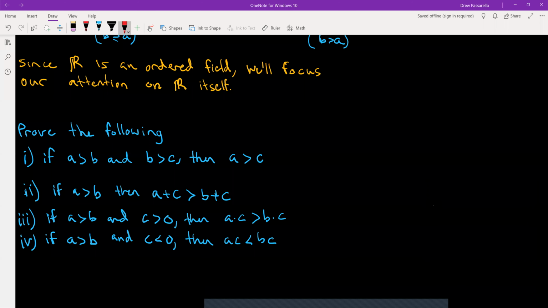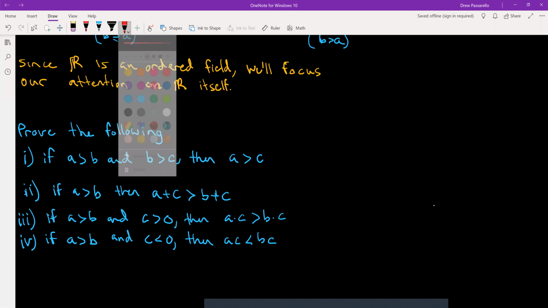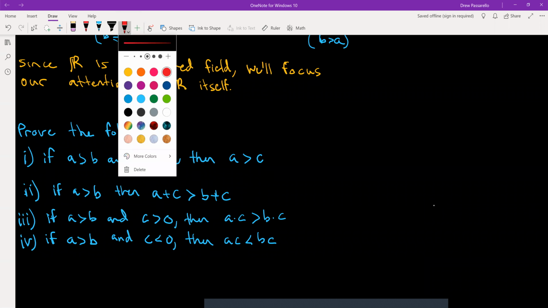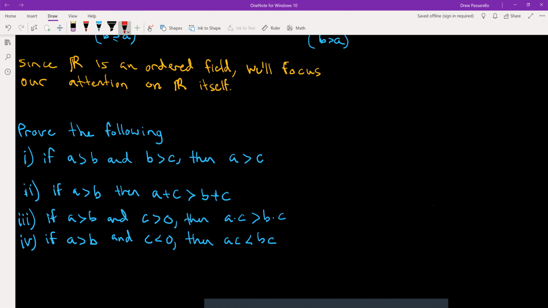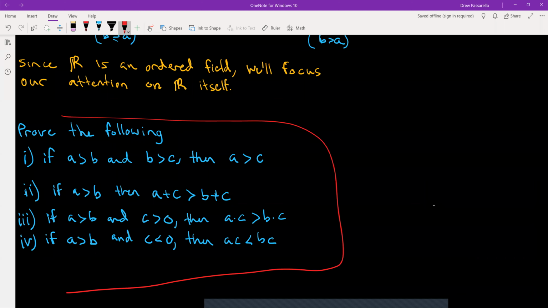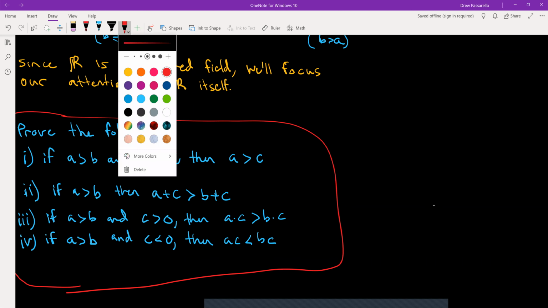All right, so now we've come to the first set of proofs. So this is the good part. The problem will be stated in blue, and then I'll use a different color to work out the problem for the proof. I'll do the proof in green.